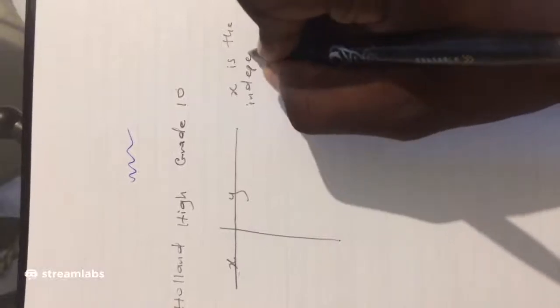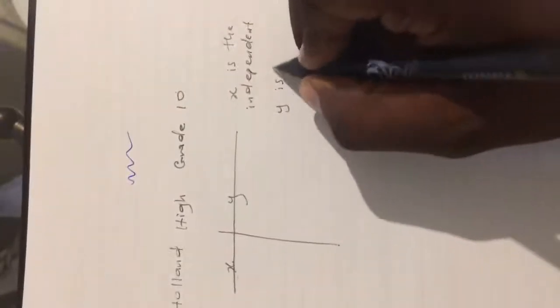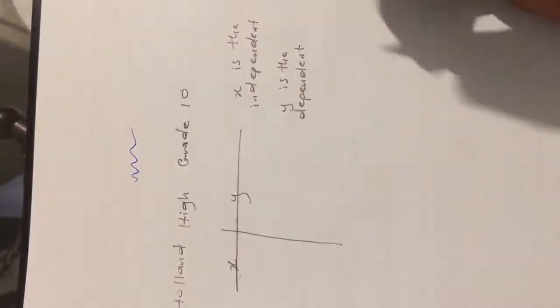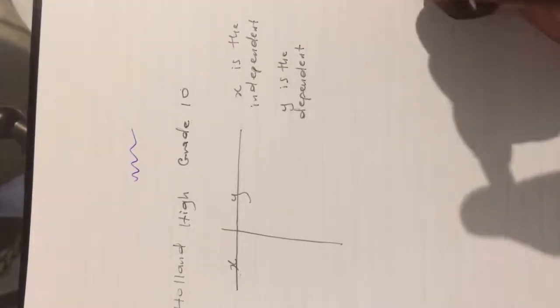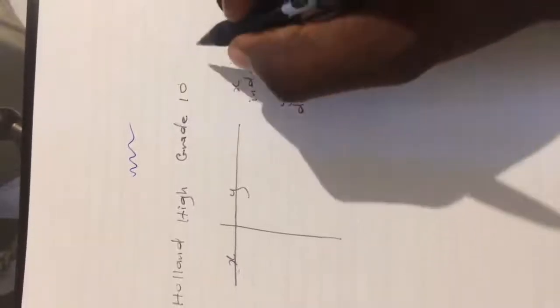Let me write a note over here: x is the independent variable, and underneath, y is the dependent variable. What I mean by that is that whatever the value of x is, y is going to depend on x.